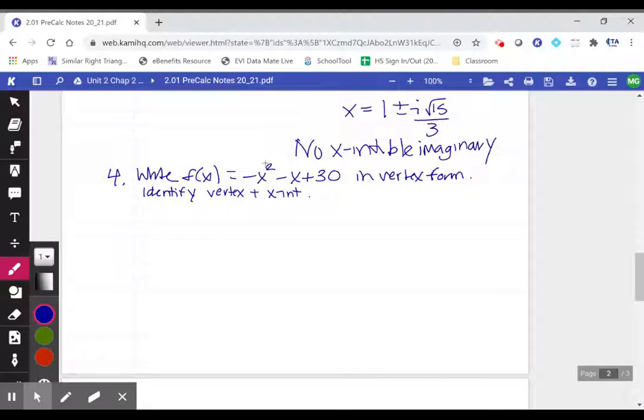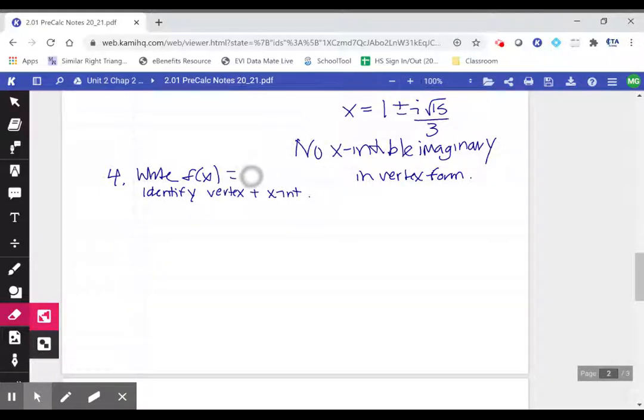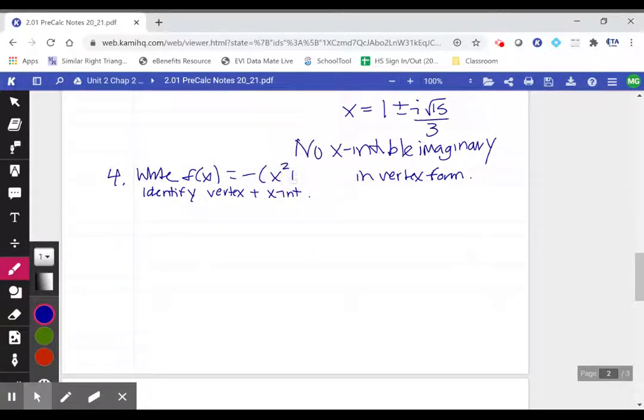Okay. And sorry, I was trying to plug that in and I looked at the wrong line. The original I'm giving you is negative parentheses x squared plus x minus 30. And I want that in vertex form. Sorry about that if you already wrote it.